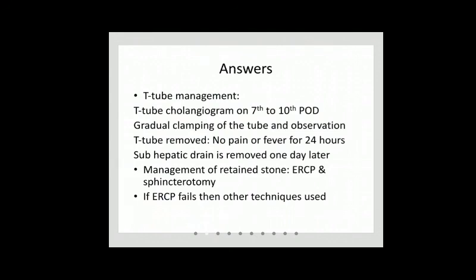And in case of advanced malignancy, if you find the growth is advanced before surgery, there are some palliative treatments, like palliative stenting. You can go for ERCP and stenting of the common bile duct to palliate the symptom, like to relieve the jaundice. If there is stenting, there is established bile flow, and the patient may feel comfortable.